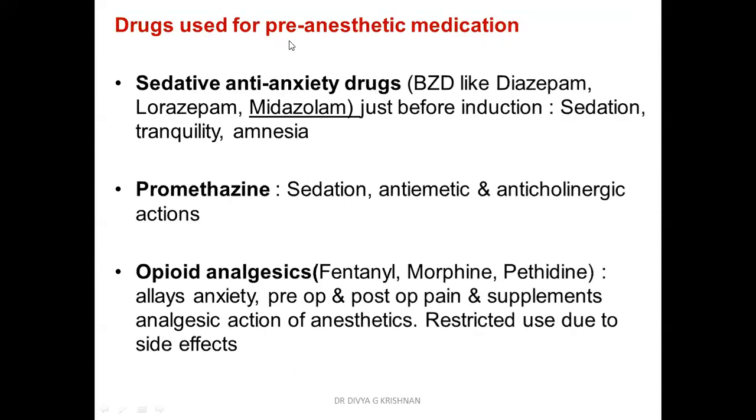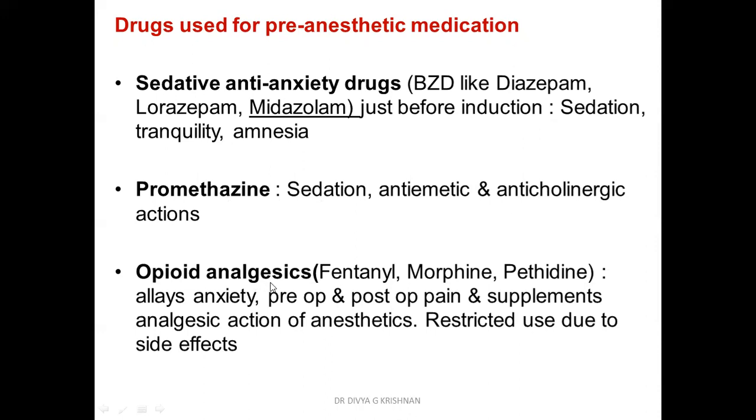Now, the drugs which are used are sedative anti-anxiety drugs like benzodiazepines just before induction. These produce sedation, tranquility, and amnesia. You can even use an antihistamine like promethazine, which can have a sedative effect, an antiemetic effect, and also an anticholinergic effect. Anticholinergic effect means it will decrease the secretions.